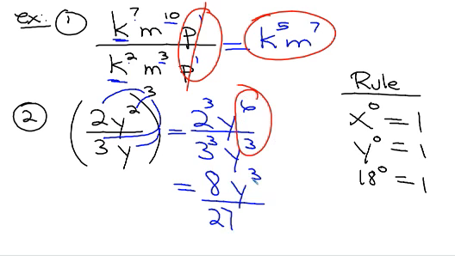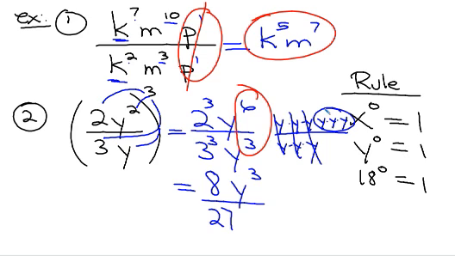Because I had a y to the 6th, think of what that would look like. It would look like this. All right? And y to the third would look like this. So if these go away, I'm left with the y to the third on top. All right, so that's why it's on top.